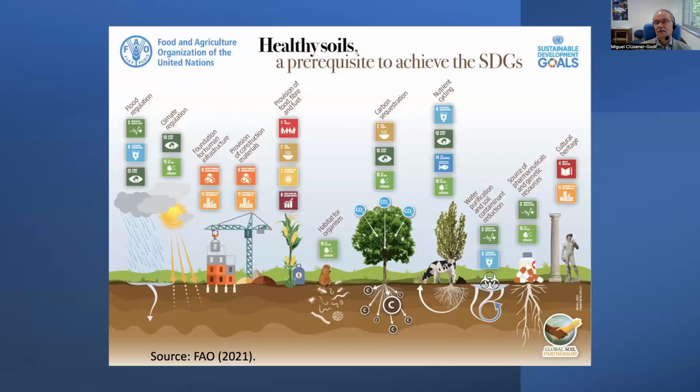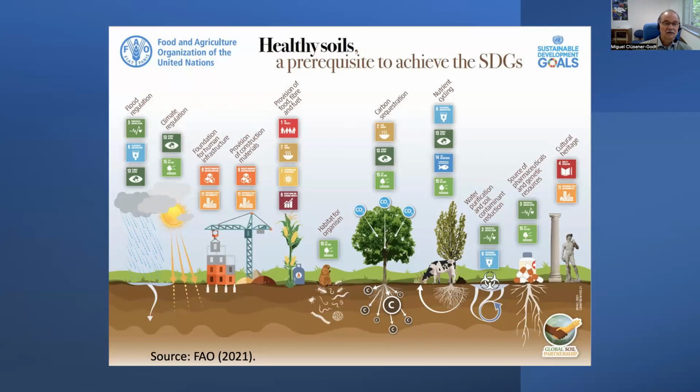Here is a lovely diagram that I want to show to you. It has been done by FAO last year concerning soils and SDGs. I think it really shows how healthy soils can be a major part in achieving the SDGs. Let's start on the left side.